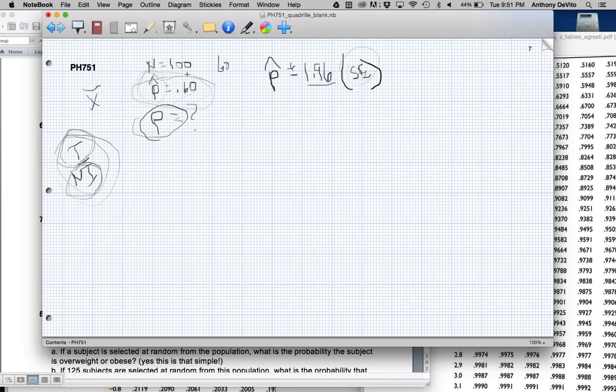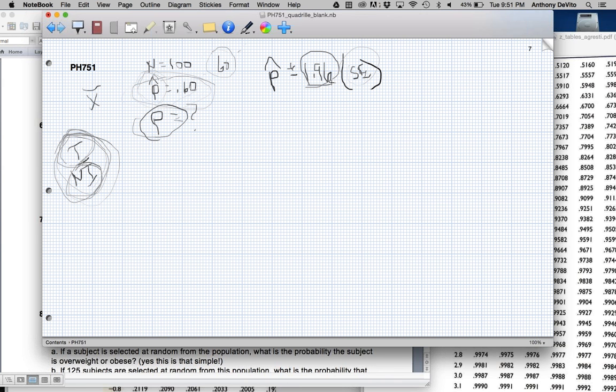So in this case, 0.60 out of 100, we got 60 people that are insured, and the remaining 40 are not insured, so it's at least 15 in each group. So since the sample size is always going to be over 30, we're just going to use the Z-score for proportions that meet this rule.